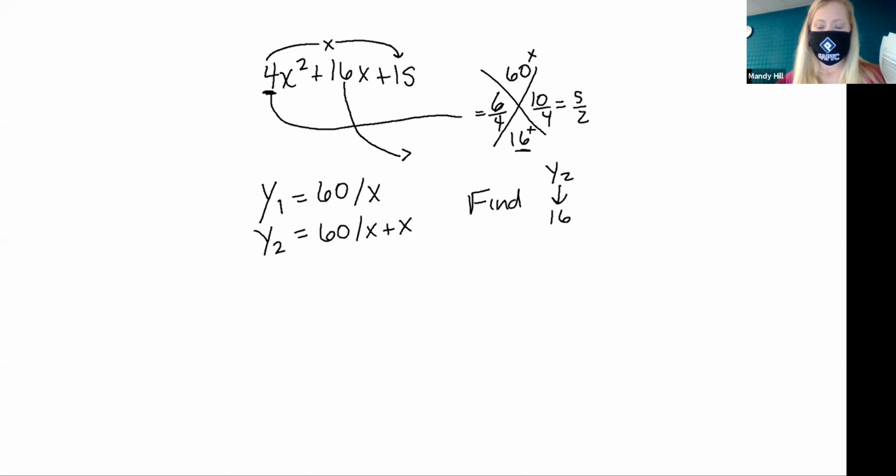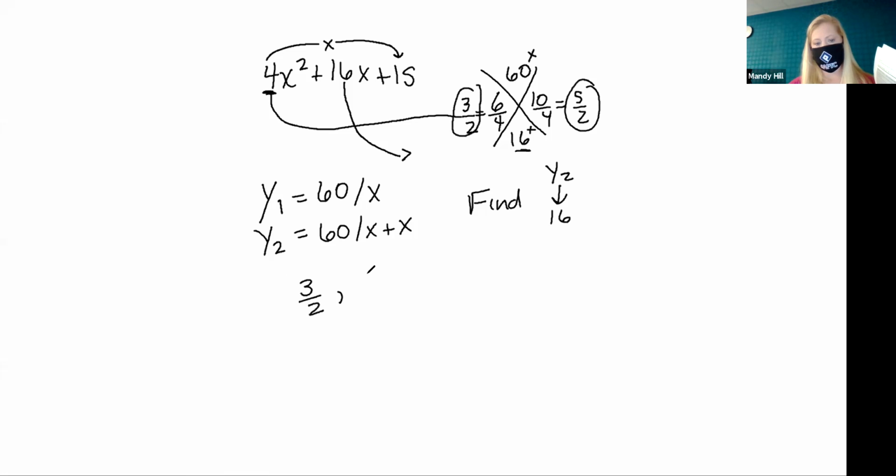And on this one, 6 over 4, we could divide those both by 2 and get 3 halves. So these two numbers, those are the reduced fractions. I'm going to write them down here just to make sure. So 3 over 2 and 5 over 2 were the two numbers that we needed to work with.